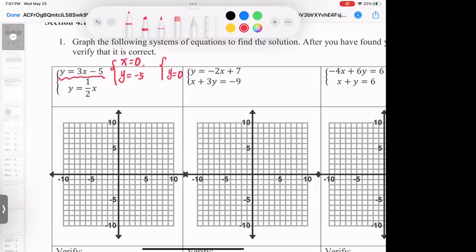So what is x? 3x - 5 is 0, so 3x is 5, and x is 5/3. Is x 5/3?